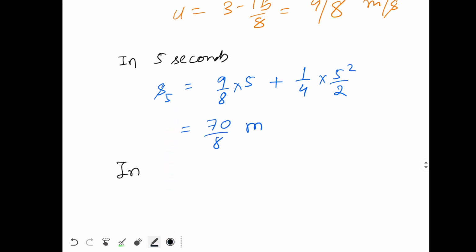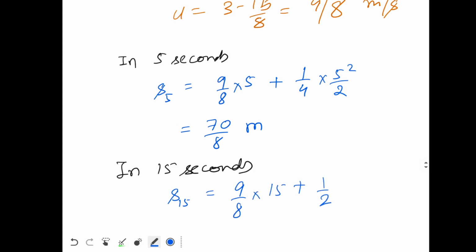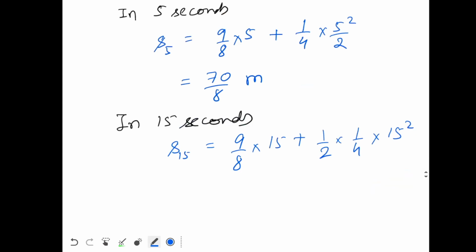Similarly, in 15 seconds, what is the displacement? So S15 is equal to 9 by 8 into 15 plus half into acceleration, which is 1 by 4, into t square, which is 15 square. So you will get this to be equal to 360 divided by 8.